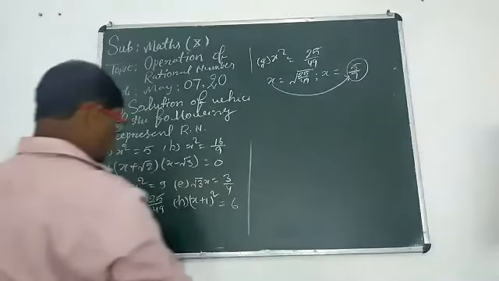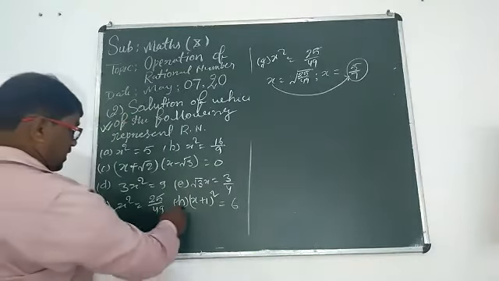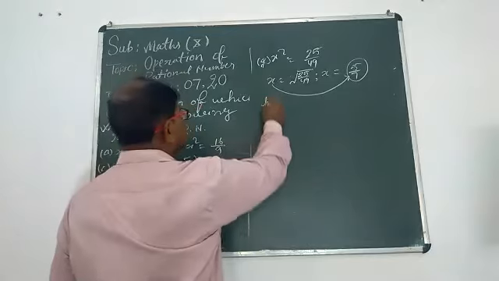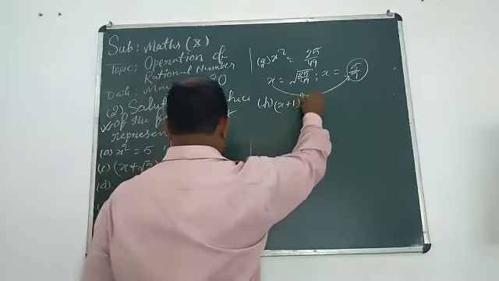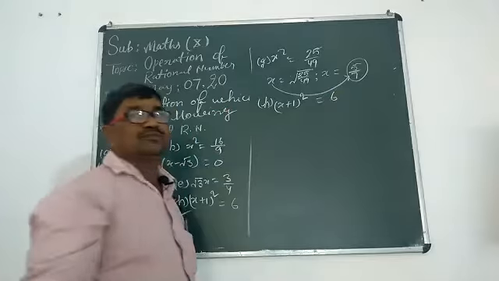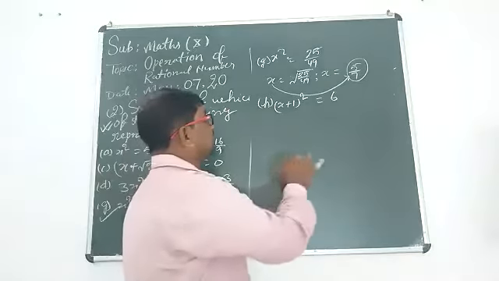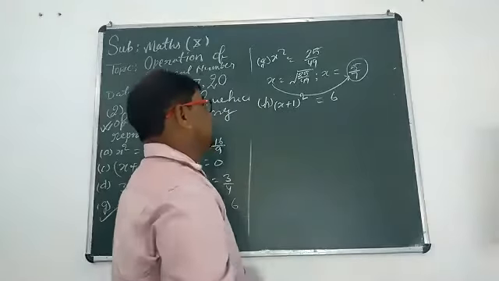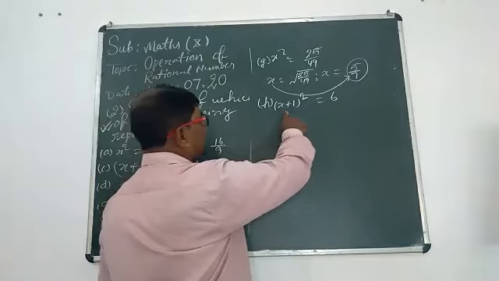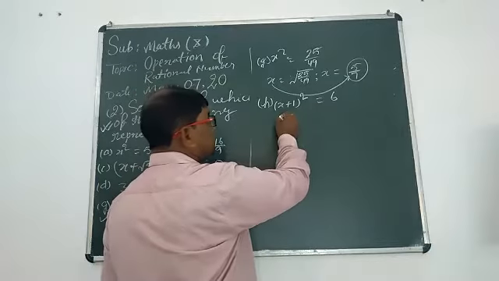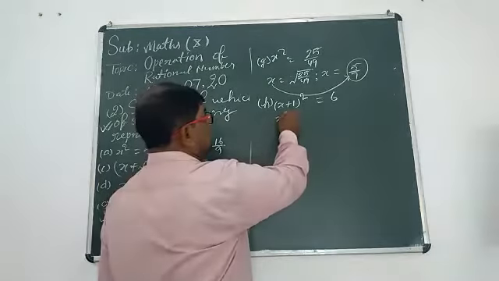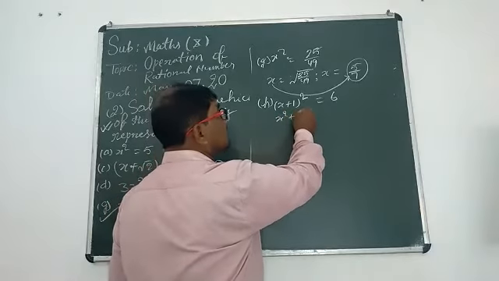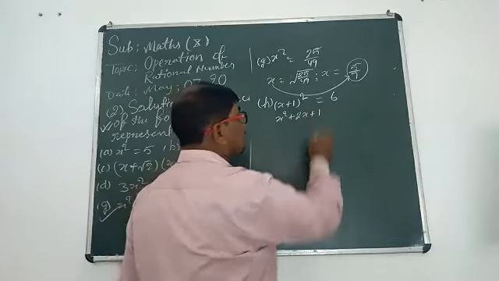Now we should think about H. Whole square of x plus 1 equal to 6. That means x square plus 2x plus 1.